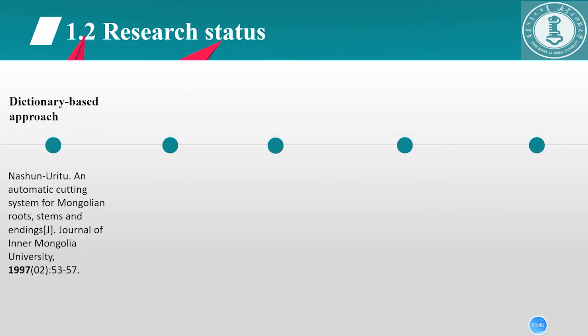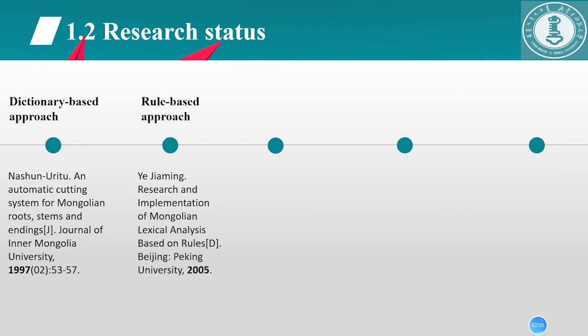In terms of segmentation of inner Mongolian words, a dictionary-based Mongolian word segmentation method was first proposed in 1997. In 2005, the rule-based Mongolian word segmentation method was proposed.